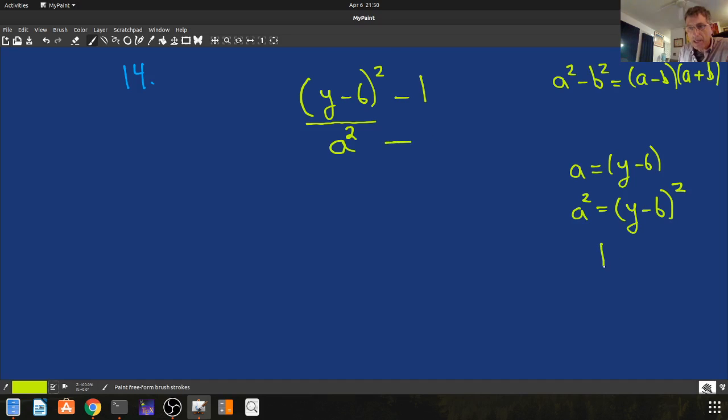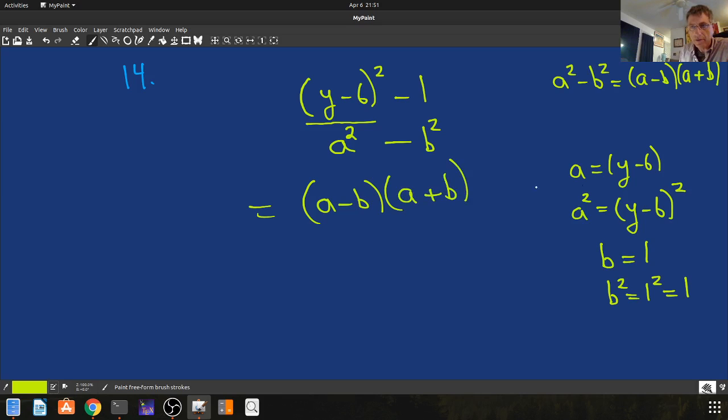If I let b equal 1, then b squared is equal to 1 squared, so that's still equal to 1. So this gives a minus b times a plus b. But a is equal to y minus 6, and b is equal to 1.